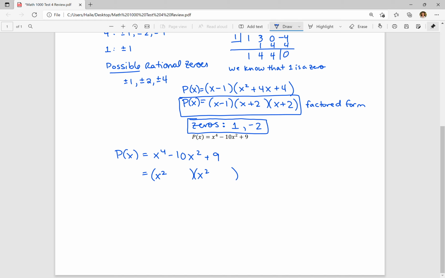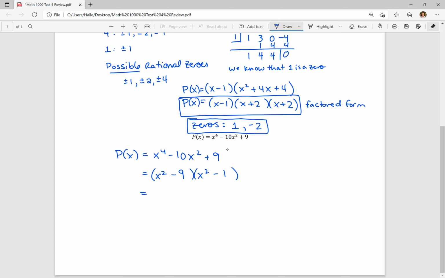And now we want to think of 2 numbers that multiply to give us 9 but add to give us negative 10. Well, 9 and 1 do that trick. So if we put negative 9 in one factor and negative 1 in the other factor, that will give us our desired factorization. Now we can ask ourselves if we can factor this further.